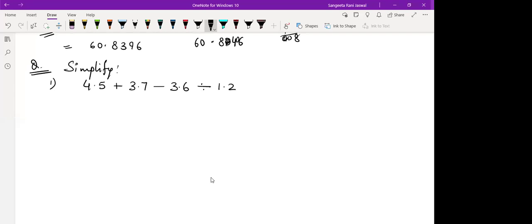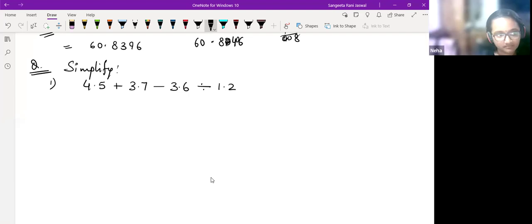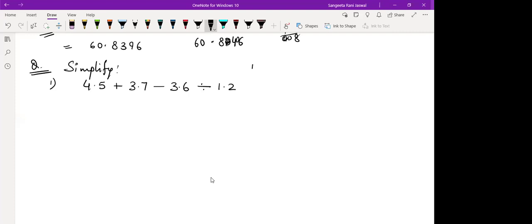Now children, you can see there is a plus sign, minus sign, divide sign. All these signs are there. So what do you do in this type of question? BODMAS. Yes, ma'am. That is the BODMAS rule. You have all heard about the BODMAS rule? Yes, ma'am. First is bracket, then of, divide, then multiply, add and subtract.